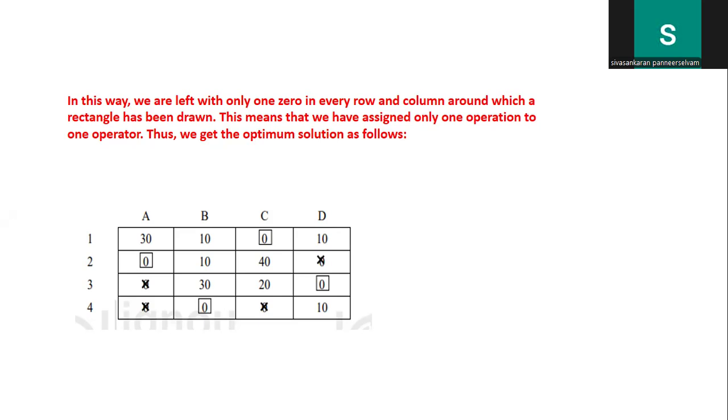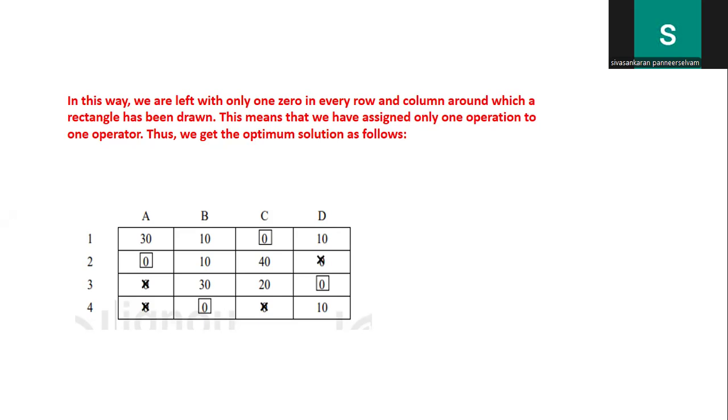You have to select only one zero with respect to every row and column by marking a square or rectangle box symbol. So this clearly means that we have to assign only one operation to each programmer so that we are able to get the optimal solution.